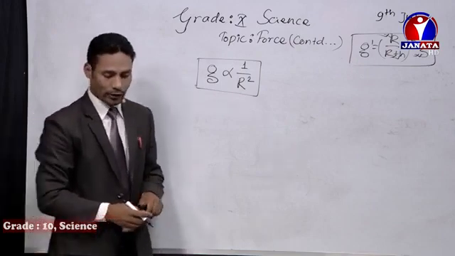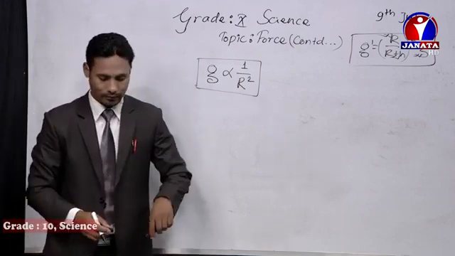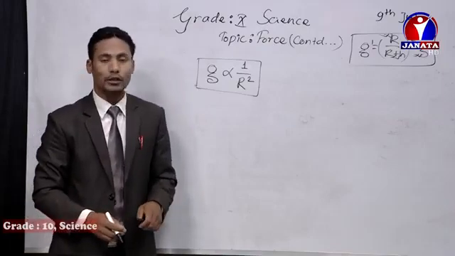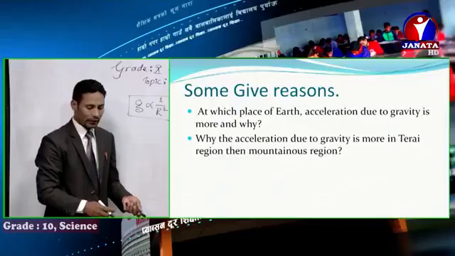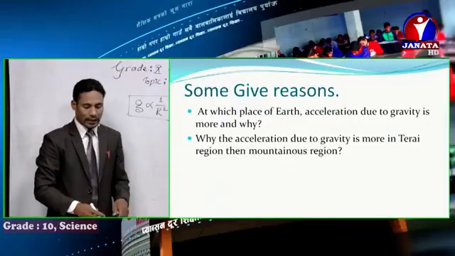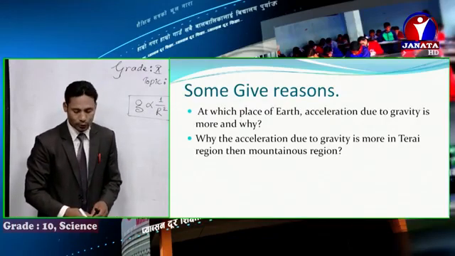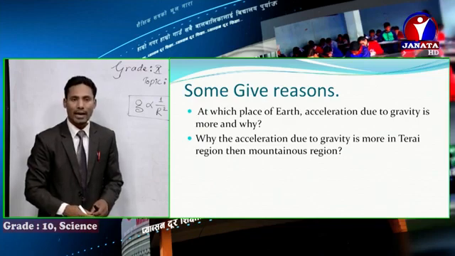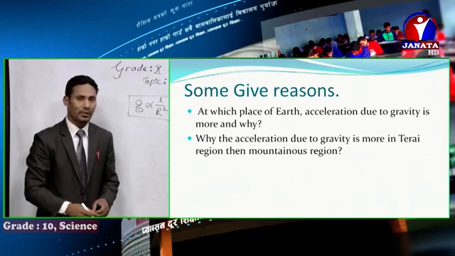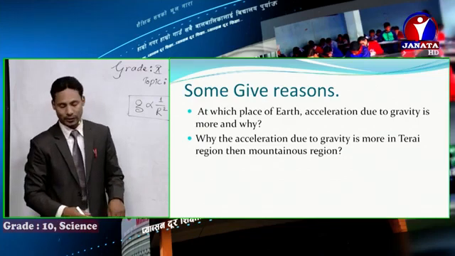Some of the questions I have brought, you can check on the screen also. Some questions are mentioned over there, like at which place of the earth the acceleration due to gravity is more and why. These questions we have discussed previously also. Let me revise this once again.